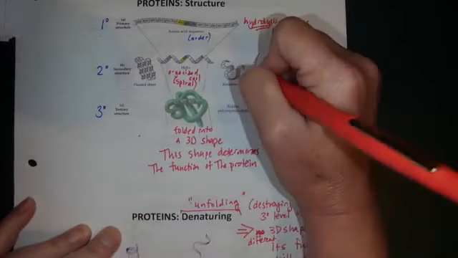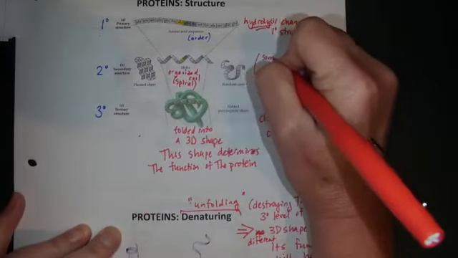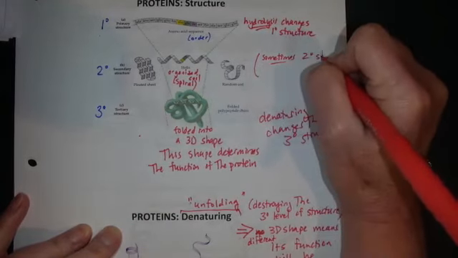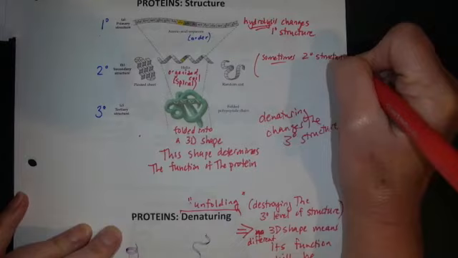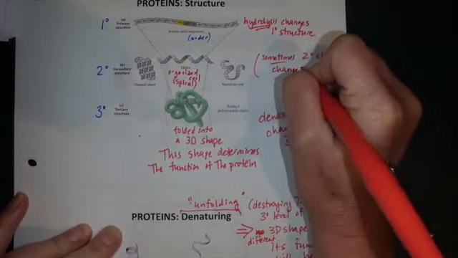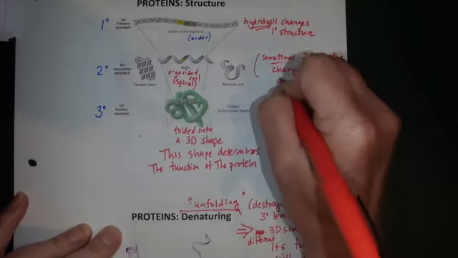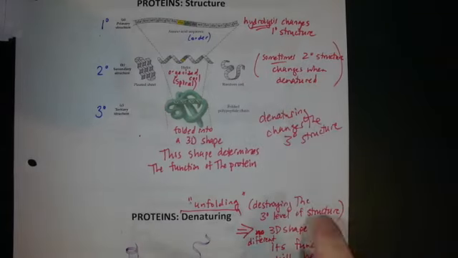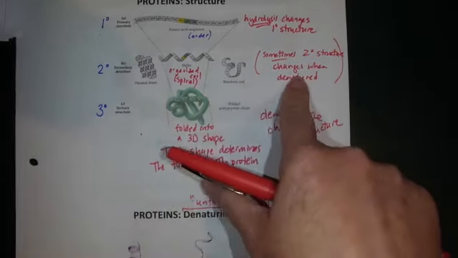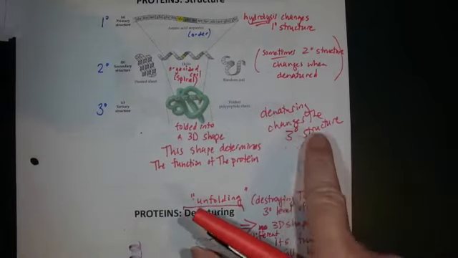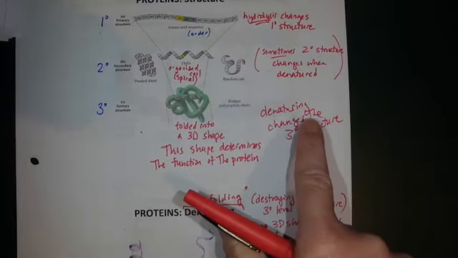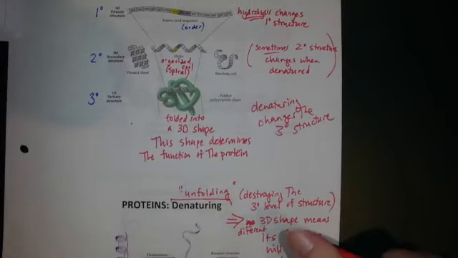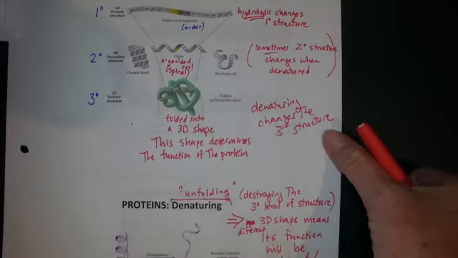I'm going to put in parentheses here, sometimes that secondary structure changes when denaturing happens. I'm putting it in parentheses because that's less of our focus. This is what I would like you to focus on. When you denature a protein, you're changing that tertiary structure, that 3-degree structure, and then that changes its function.